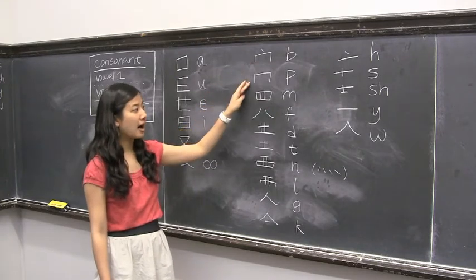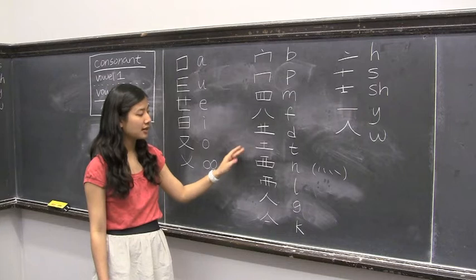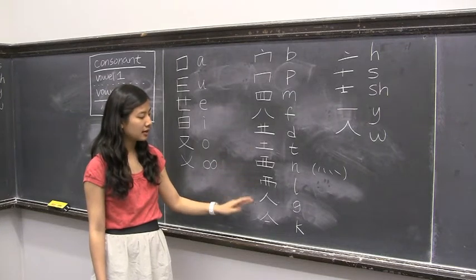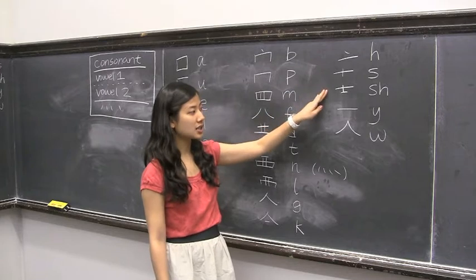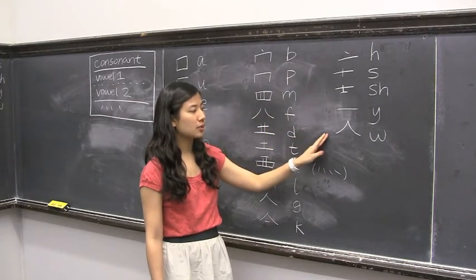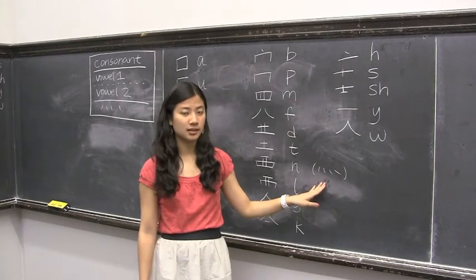Ba, pa, ma, fa, da, ta, na, la, ga, ka, ha, sa, sha, ya, wa, and the ending consonant n, which would be something like an.